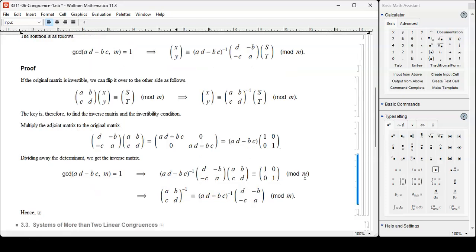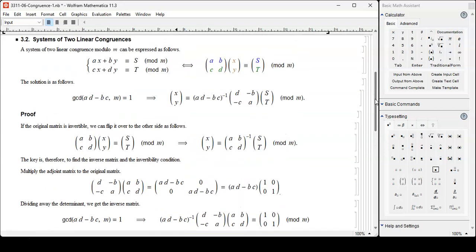Therefore, dividing this away, we get the inverse matrix expression, and we can do that if and only if the determinant AD minus BC and M are relatively prime. Remember the modular inverse condition. So the inverse matrix is this thing here. If I flip this over to the other side, that's the inverse matrix.